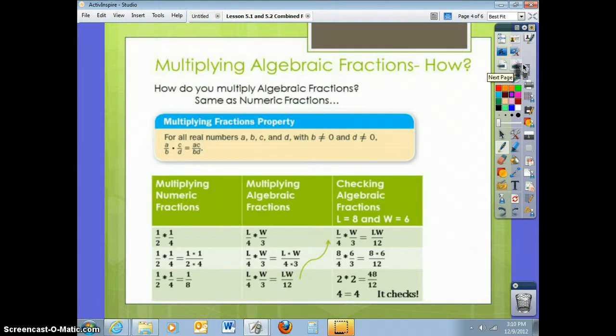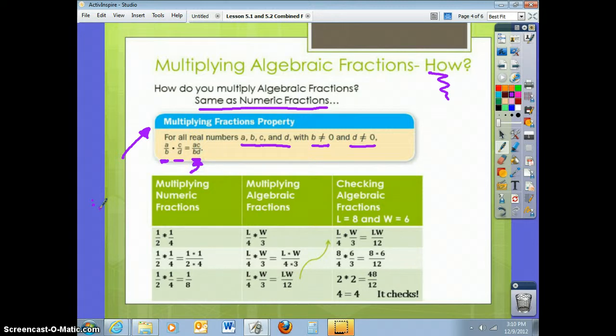Okay, multiplying algebraic fractions first. So how do we multiply algebraic fractions? Now again, the big idea said you do it the same way you did numeric fractions. So here's the multiplying fractions property that says for all real numbers a, b, c, and d, where b and d do not equal 0, how you would multiply a over b times c over d is just to multiply the numerators and get ac, and multiply the denominators and get bd.